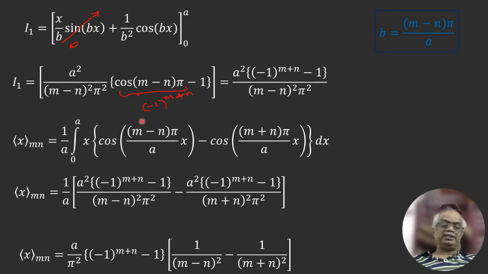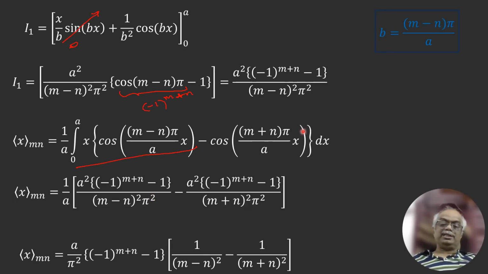This is the total integral. So we have seen the value for the first integral, which is a squared times ((minus 1)^(m plus n) minus 1) divided by (m minus n) whole squared pi squared.